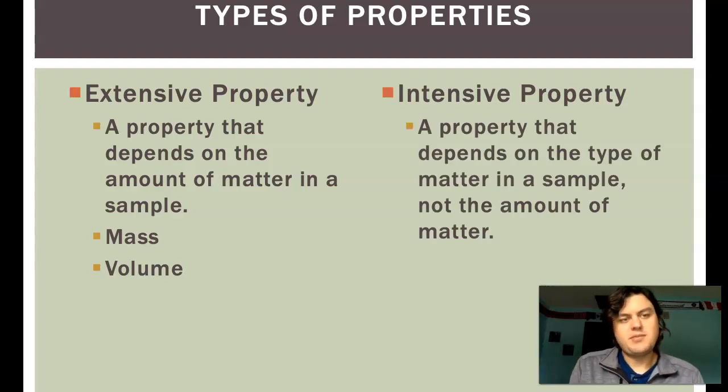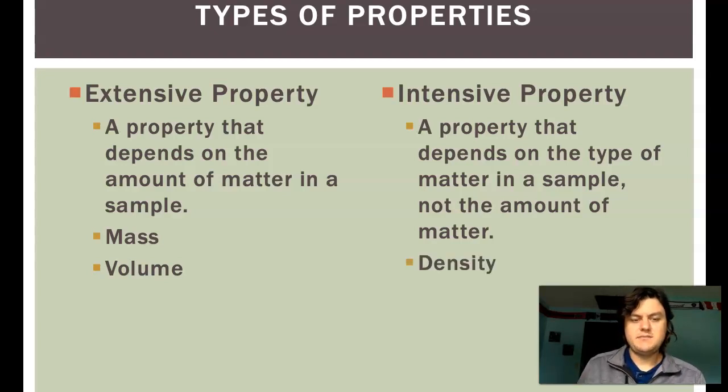An intensive property, conversely, does not depend on the amount. It only depends on the type of matter in the sample. Density is a really nice example of this. And density is, of course, calculated from the mass and volume of a sample.